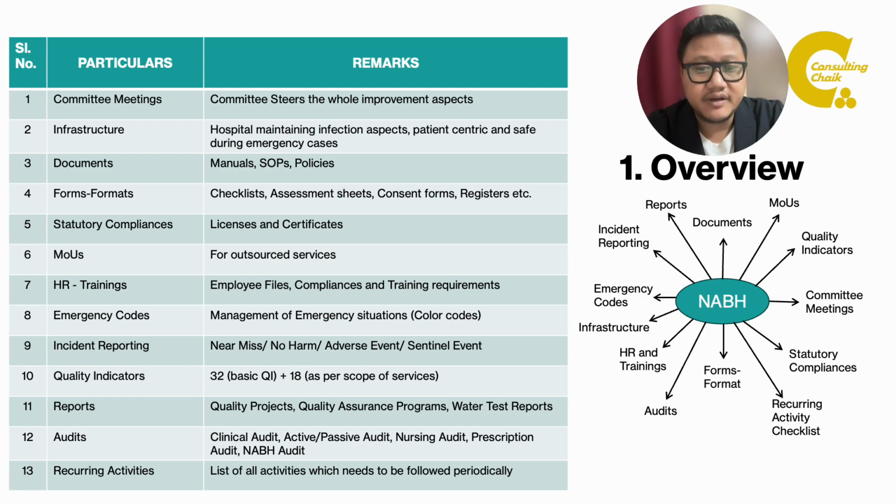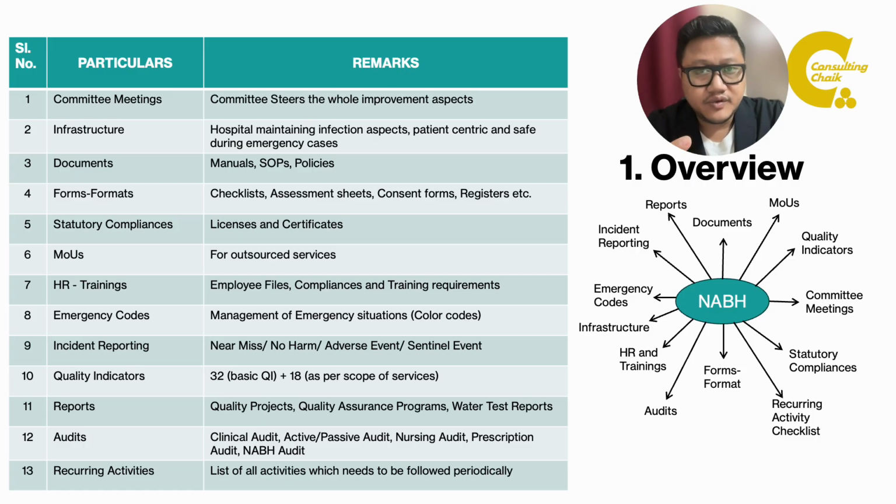Committees basically help in driving the improvement initiatives. Infrastructure: the hospital needs to maintain certain infection aspects. Then certain patient-centric things are there, and safety aspects during emergency cases are also there. So for these things, your infrastructure is required.